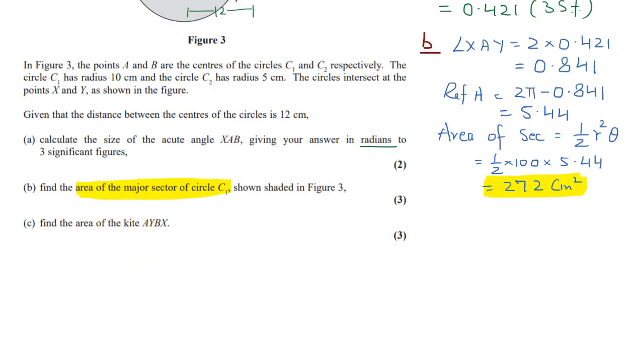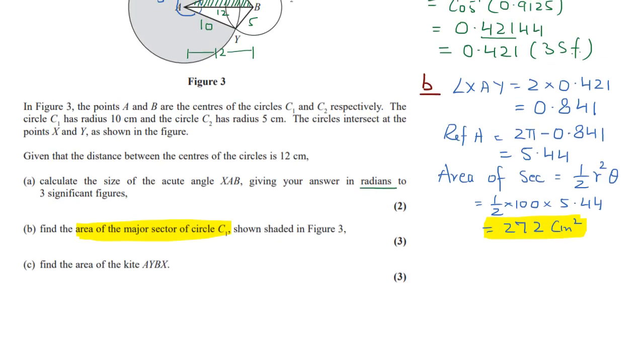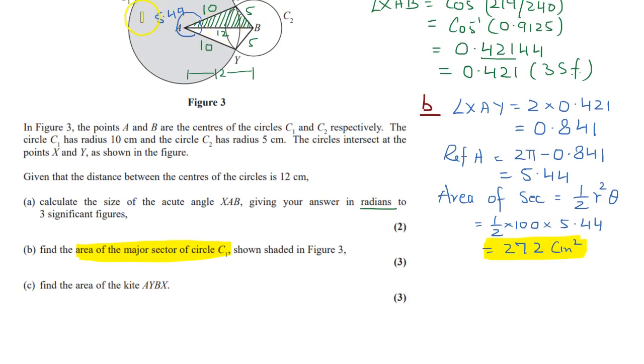Find the area of the kite. Now this is a kite, and this is in the shape of a rhombus. No, this is a kite, not a rhombus, and the area of the kite is, we know, half d1 times d2.